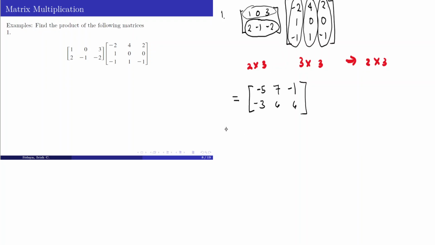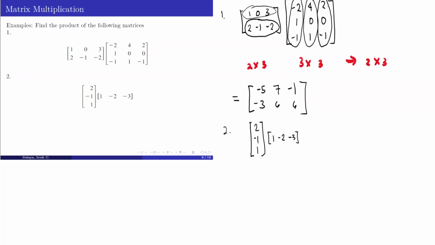Okay, next. Next, we have this [2; -1; 1] multiplied by [1, -2, -3].